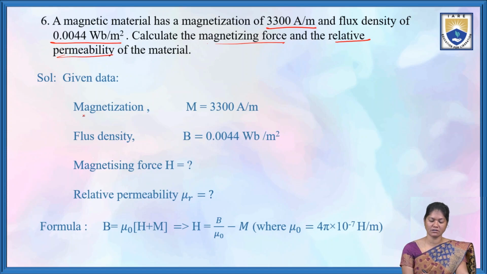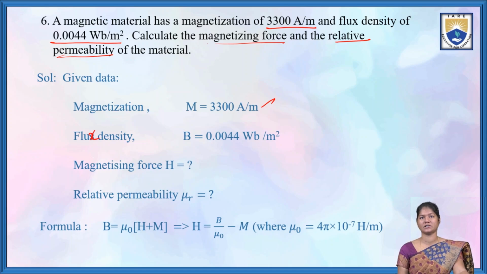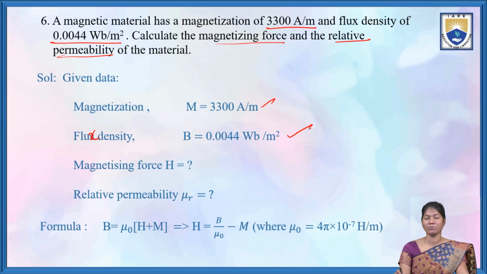The given data: magnetization M is equal to 3300 ampere per meter, magnetic flux density of the material B is equal to 0.0044 Weber per meter square, and we need to calculate the magnetizing force H and then the relative permeability mu r.